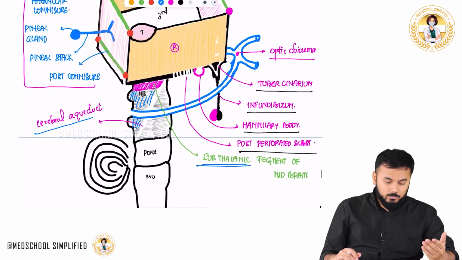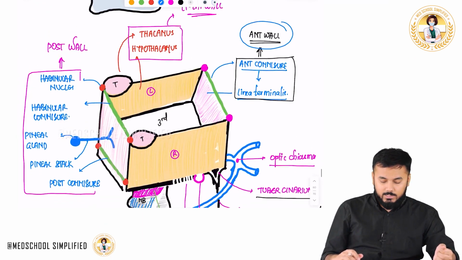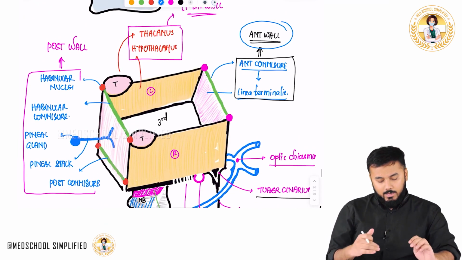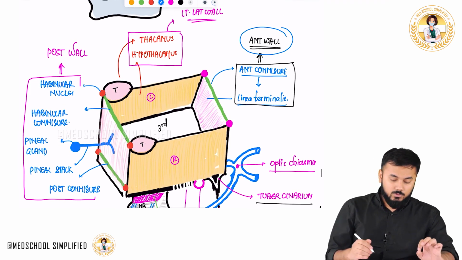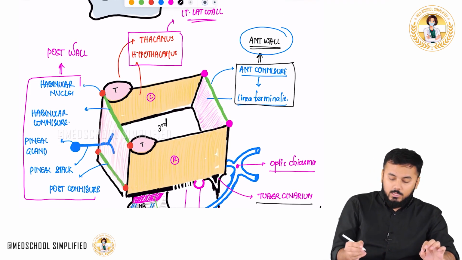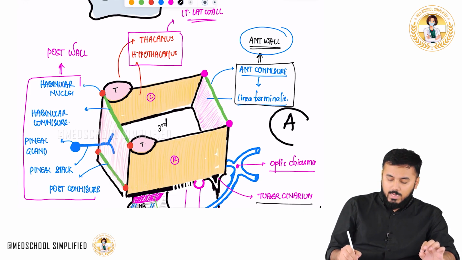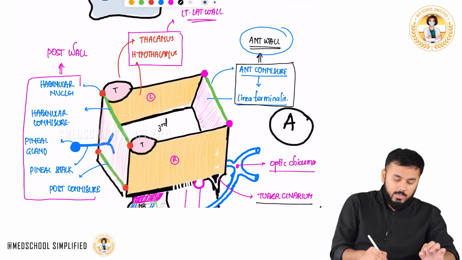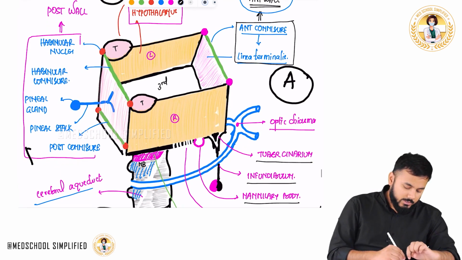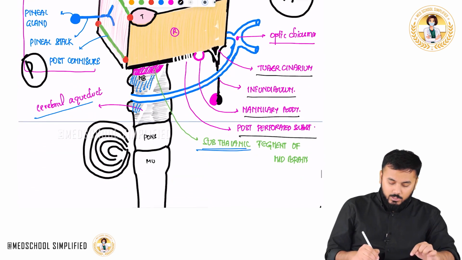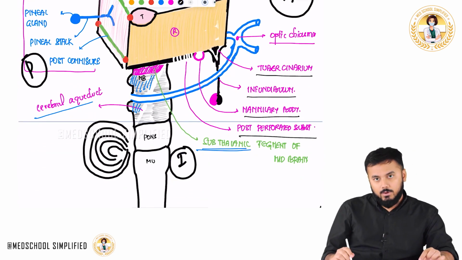Now, apart from this, what other important things can you see here? Overall, I will write down all these structures. But before that, let us revise. Here, this is the anterior wall. This one over here is a lateral wall. This is the posterior wall, and this one down over here is your inferior wall.